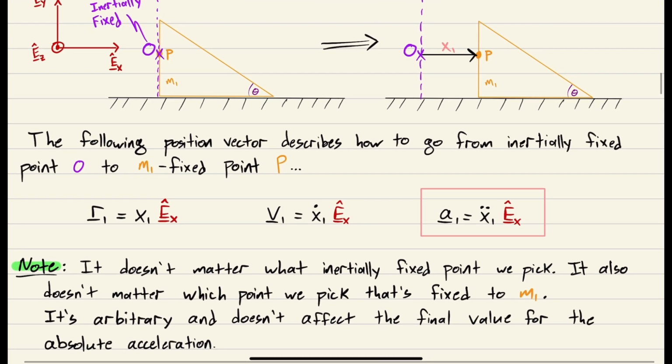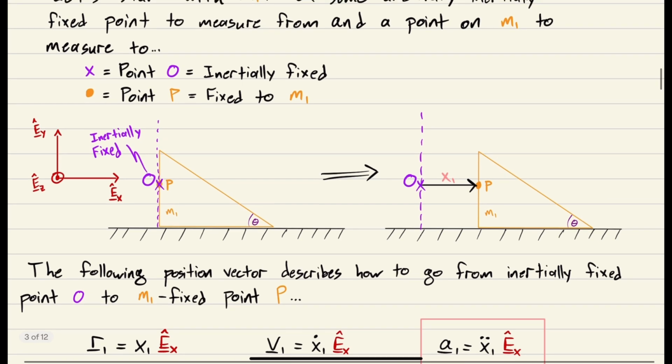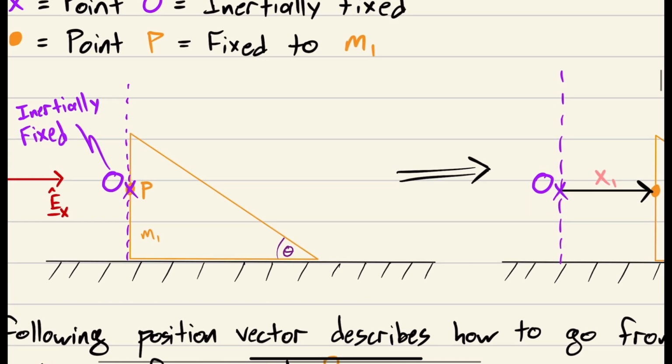So why does the point not matter? The point you pick is arbitrary because say we pick some random coordinate for r, equal to x in the EX direction plus, say we went down a little bit, plus y in the EY direction.